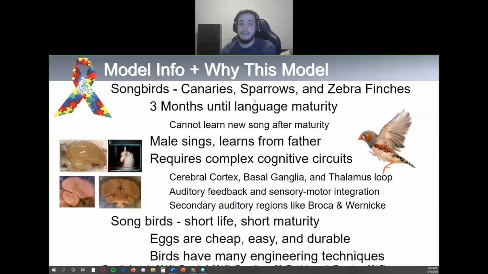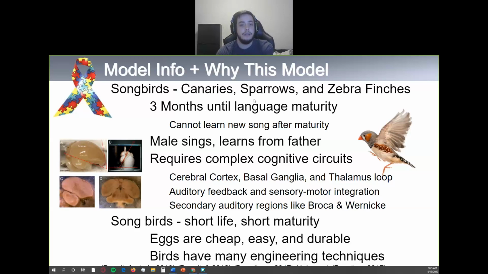By 3 months of age, young males have already mastered their distinctive courtship song. They require listening and imitating their father's song during critical periods of development to construct their own song, much like how humans require listening to others to develop language skills, and also like human language, a zebra finch's song is complex and has an important social purpose.